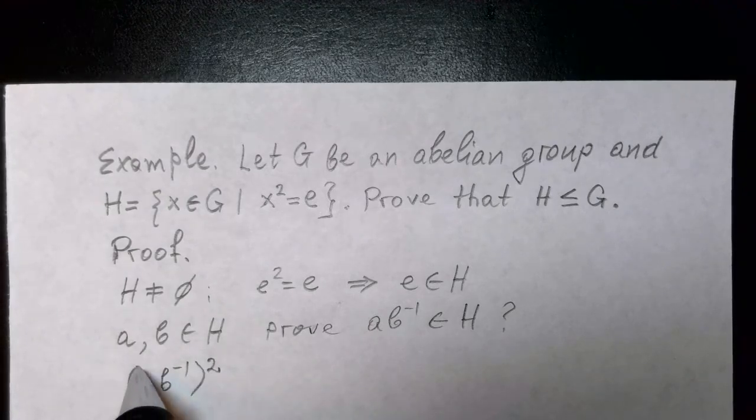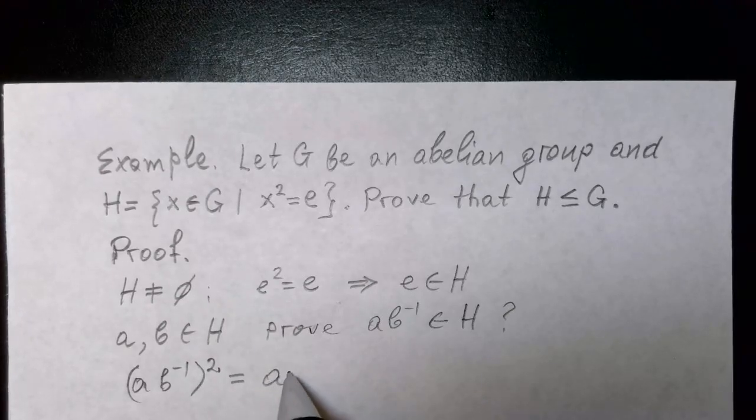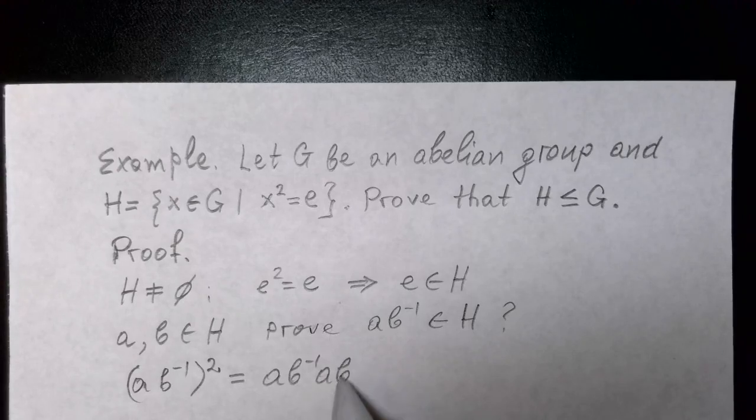If the result is E, then A, B to the negative 1 will be in H. This is A, B to the negative 1 times A, B to the negative 1.